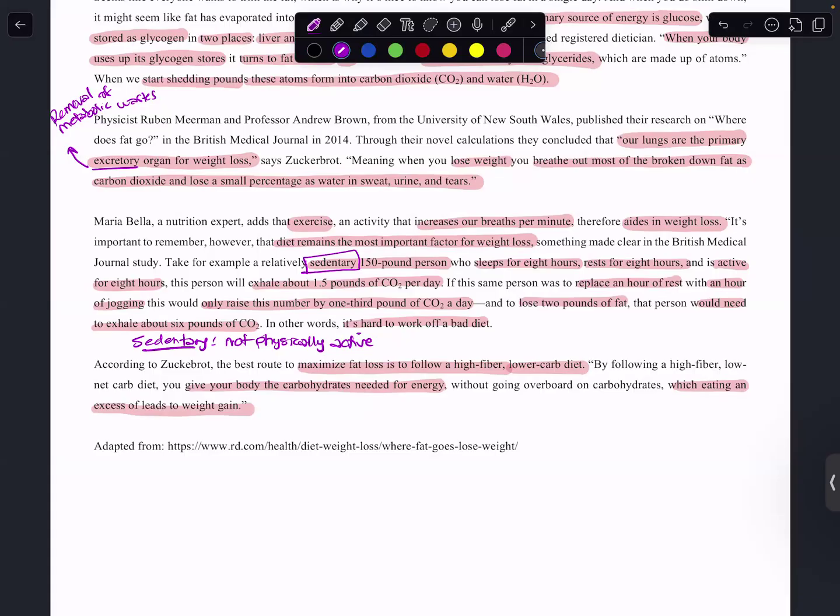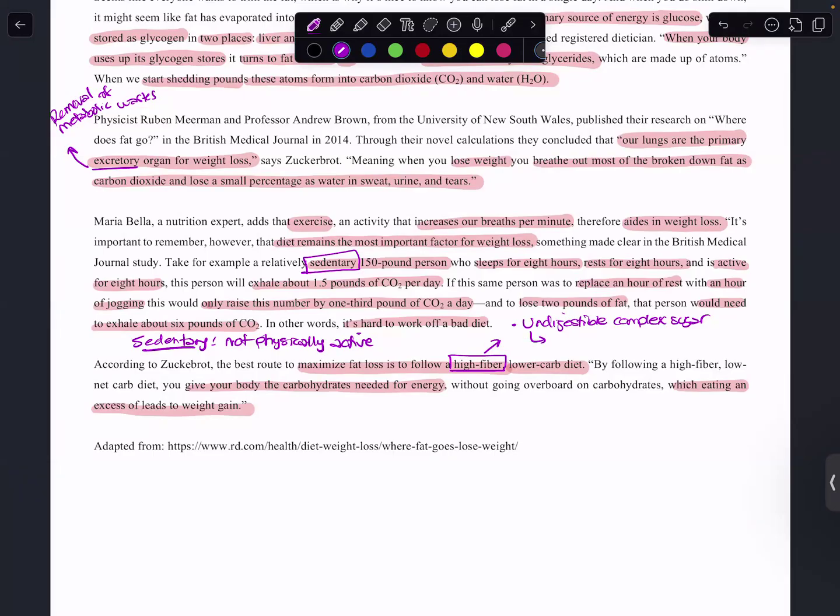So fiber, I know that you guys have heard of fiber before. Fiber is excellent, right? Because fiber is an undigestible complex sugar. I bet you guys didn't know that, right?